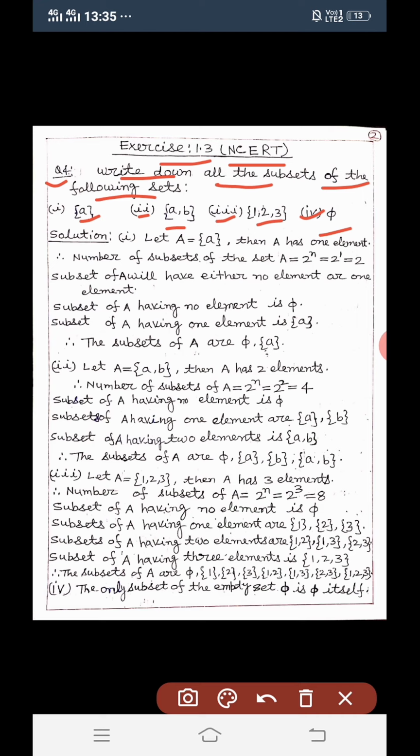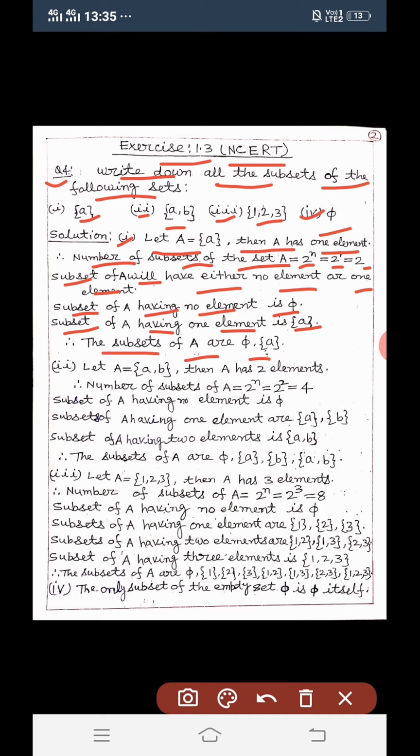First, let set A equal to {a}, then A has one element. So the number of subsets of the set A equal to 2 to the power 1 equal to 2. Subset of A will have either no element or one element. Subset of A having no element is phi. Subset of A having one element is {a}. So the subsets of A are phi, {a}.